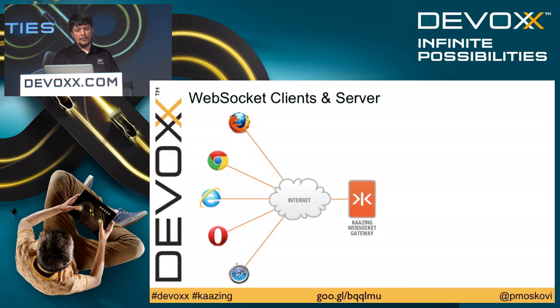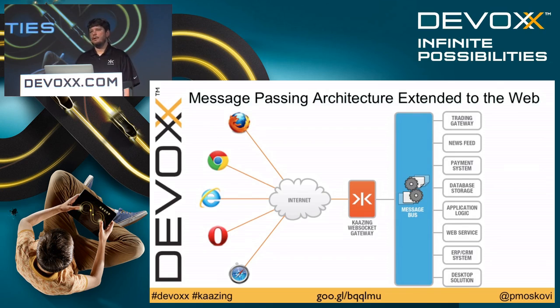And then in typical enterprises, you have message brokers and enterprise service buses that do the integration within the enterprise. So you have all these backend systems, these loosely coupled systems that are talking to each other. What you can do with this new bidirectional rich communication pattern is extend the reach of these enterprise systems in a very seamless fashion all the way to the browsers and mobile devices.